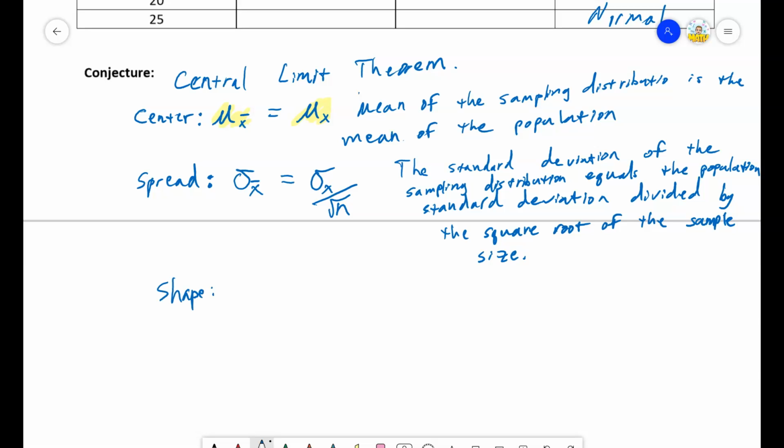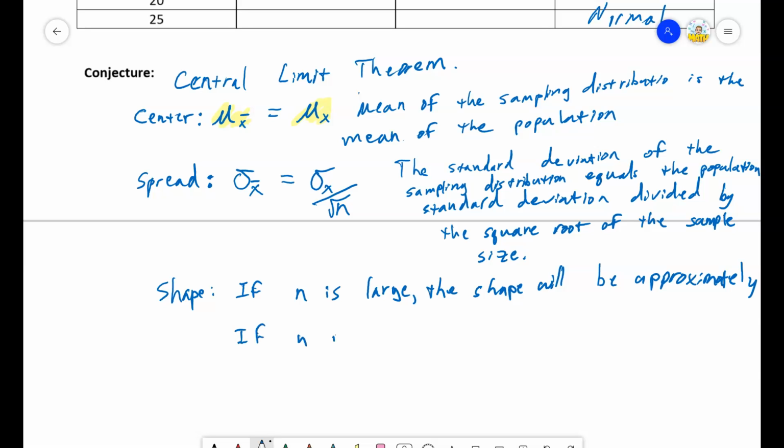And we have here, if n is large, the shape will be approximately normal. But we also have a case where n might not be large, right? If n is small, then the shape will resemble the population shape.